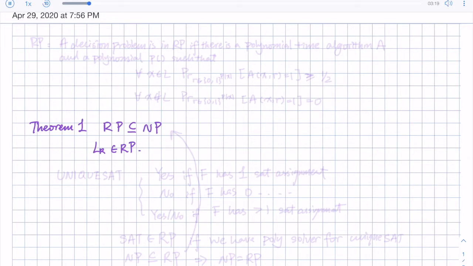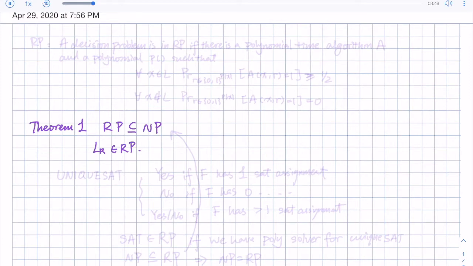And if W is not in L, then there is no such witness that will trick the verifier to accept. So we can see that the random sequence R here serves as the witness for the verifier. So then we can build a verifier for the language L_R. So we know RP is contained in NP.